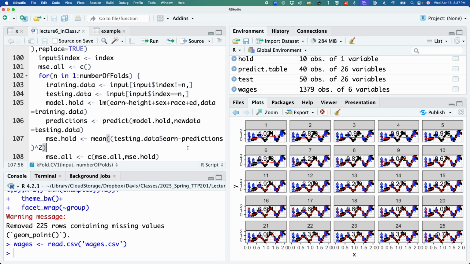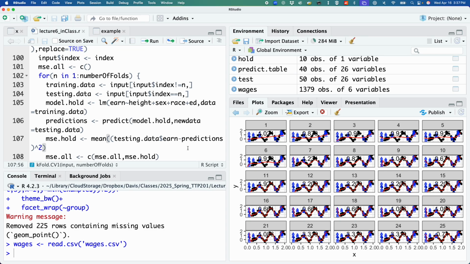And then when I loop through again, that container, which is MSE of k equals 1, will append on MSE k equals 2. So the second time I go through the for loop, now it's got MSE k equals 1 as well as MSE k equals 2. And that's the little trick that you can use in for loops to store the data on an outside thing. So it continues to append through all of them.